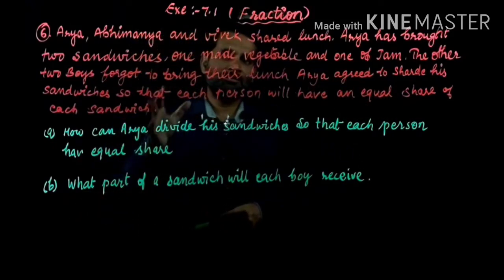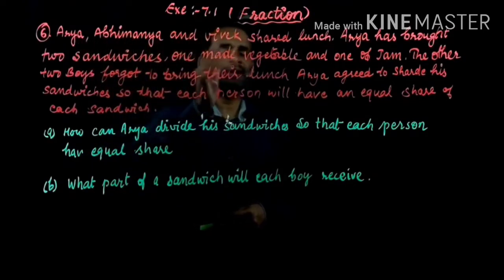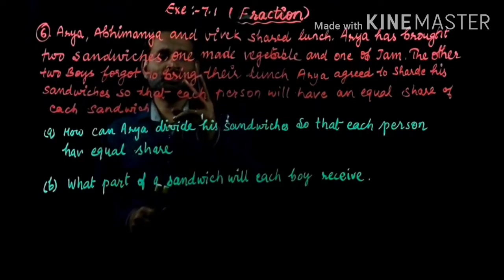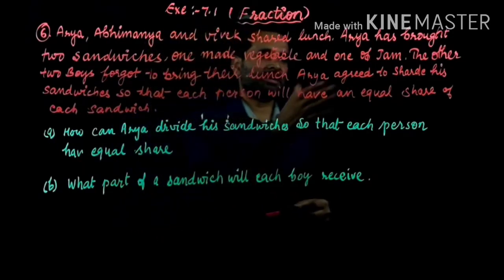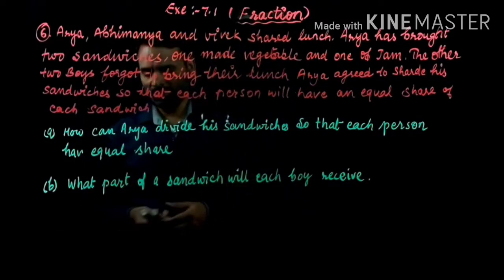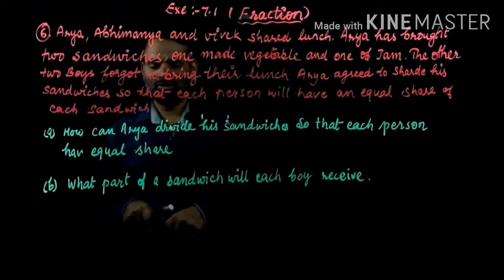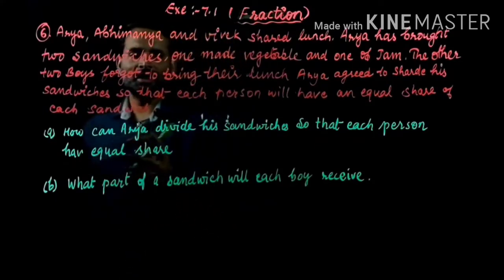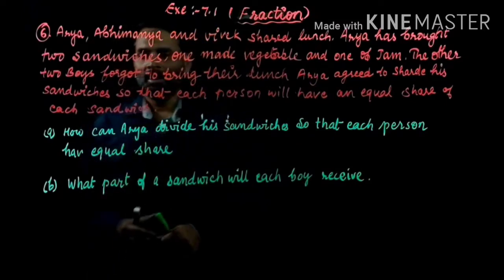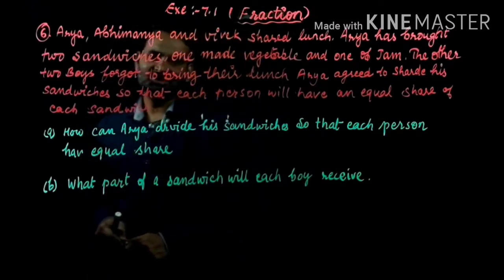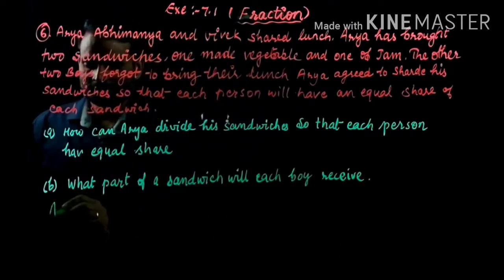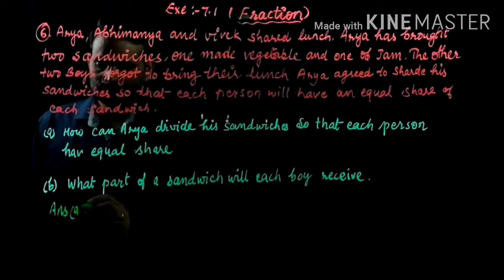The first question is: how can Arya divide the sandwiches so that each person has an equal share? So you write the answer for part A.